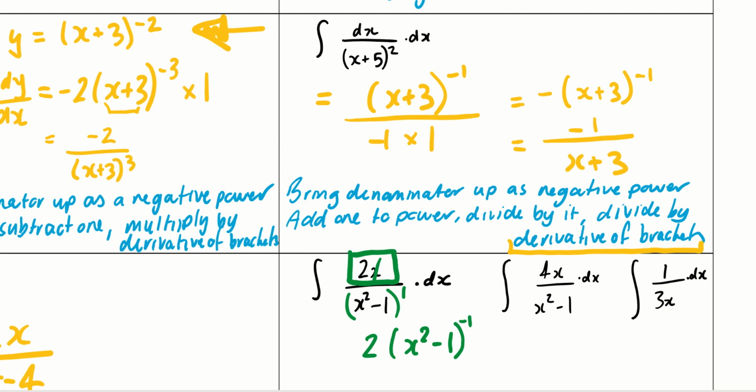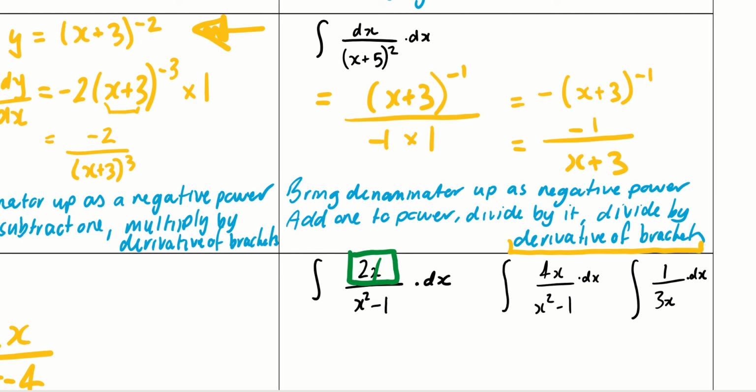When you add 1 to the power, because that's what you do to integrate by chain rule, add 1 to the power and then divide by it. When you go to add 1 to the power, you're getting 0, because minus 1 plus 1 gives me 0. When you get 0 as the power, something's gone wrong. And what that means is, ding, ding, ding, it's a log question. So the point is, you see the fraction.